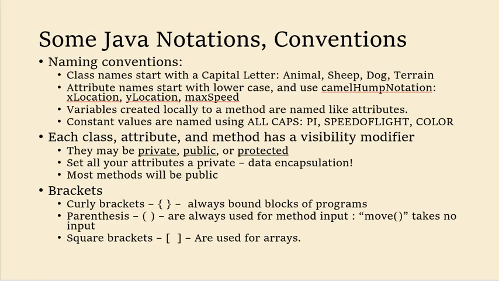We'll get into these visibility modifiers a little bit later. You can actually say, hey, this is something that's private, this is something that's public. Private means that nobody outside the class can see it. Public means others can. We'll talk more about that when we talk in more detail about classes and objects.